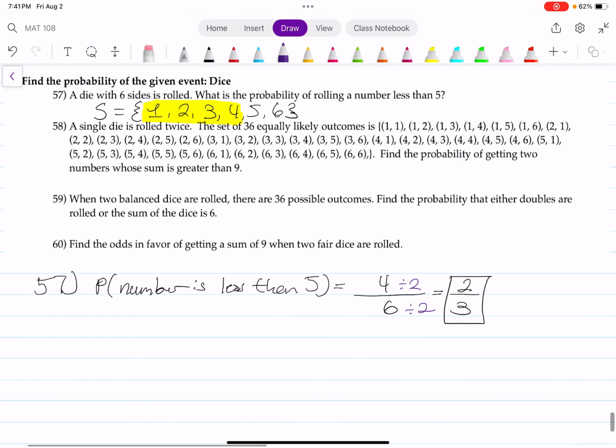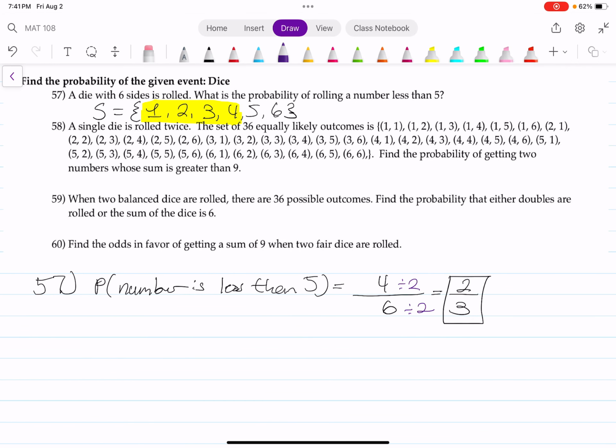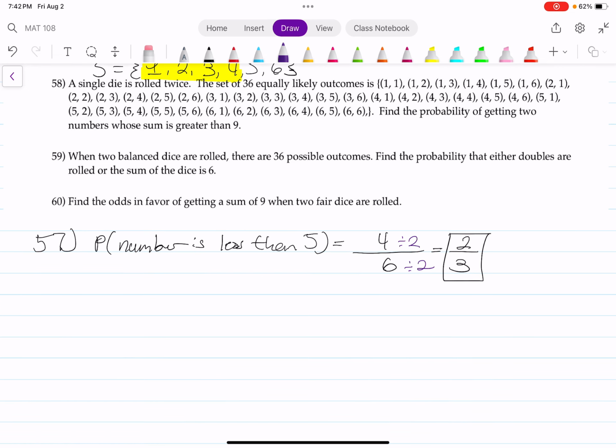58. A single die is rolled twice. The set of 36 equally likely outcomes is the set given to you right there. Find the probability of getting 2 numbers whose sum is greater than 9.